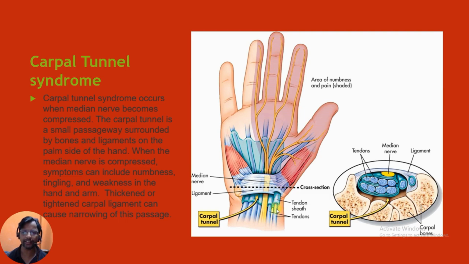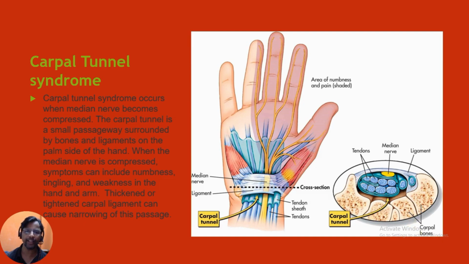So these are the tendons. And here is the ligament. This ligament holds all the nerves and blood vessels united. Next, here is the median nerve. If this median nerve compresses, the patient will have numbness, tingling, and weakness.